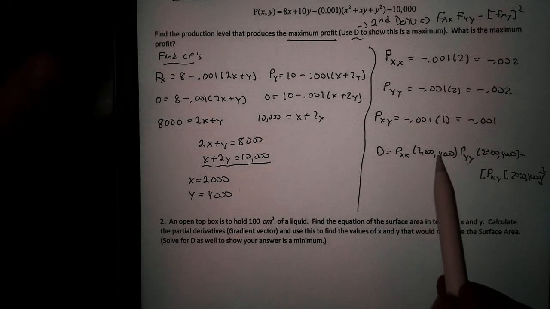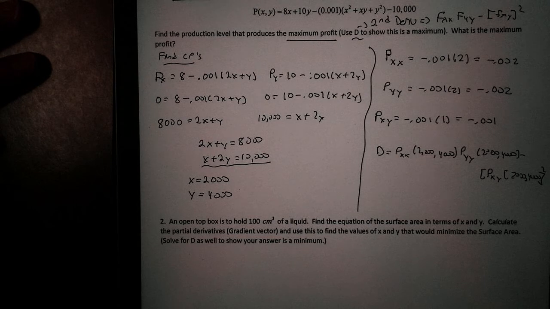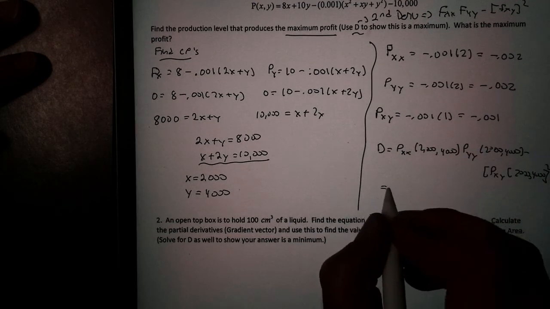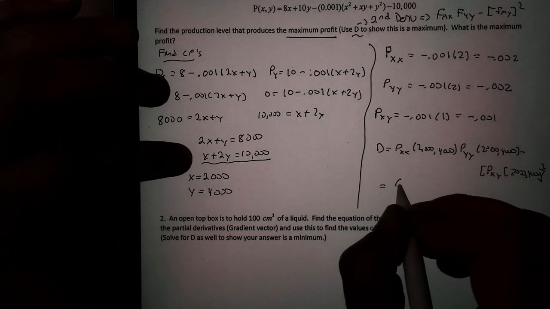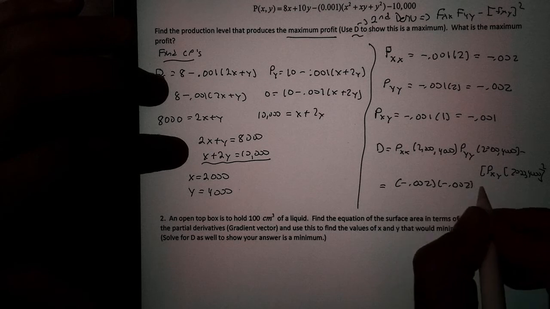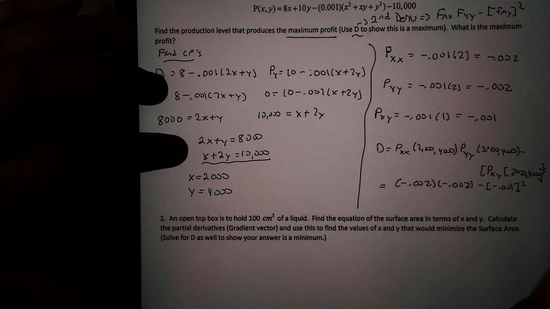Typically you'd have to plug the x and y values into the equations, but since these are constants, we just plug in our values. We get negative 0.002 times negative 0.002 minus negative 0.001 squared.